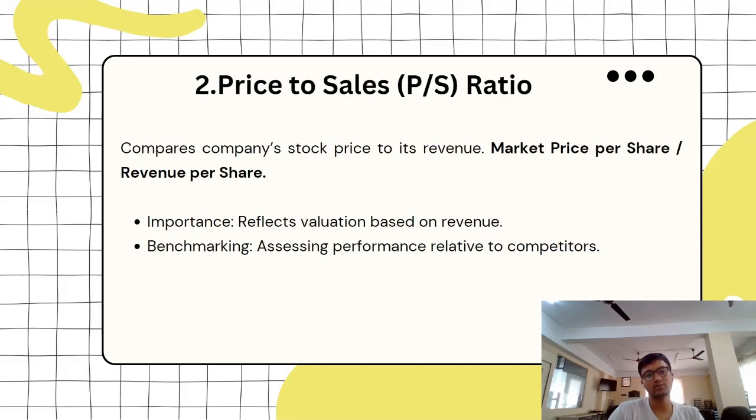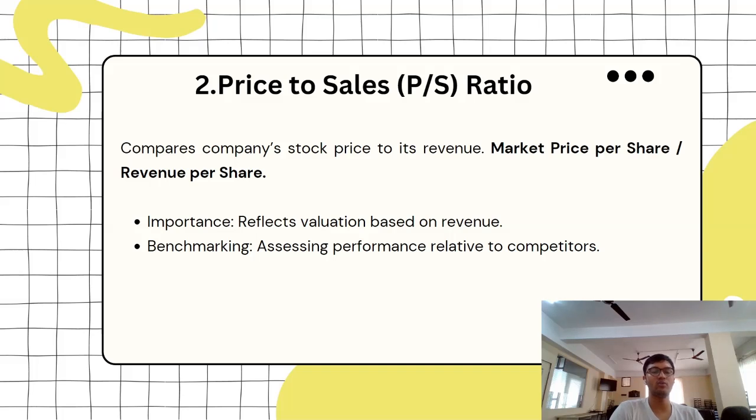Next, price to sales. It compares the company's stock price to its revenue. These valuations matter because when you are investing in a company, what price you are investing at matters. Let's say you found a very good company, but it is highly overvalued. In that case, you should not be investing in it. Take the defense stocks, like BEL, which have 45 times the valuation compared to book value.